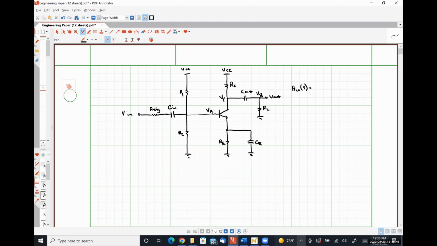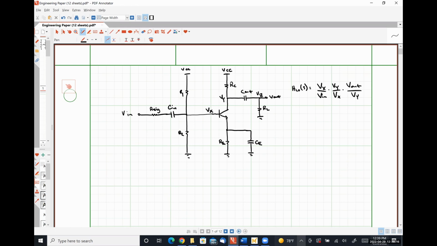Yeah, I will. Okay, so we'll get to that in a second. So I'm going to have Vx over Vn multiplied by Vy over Vx multiplied by Vz or V out over Vy to get the relationship between the output and the input.